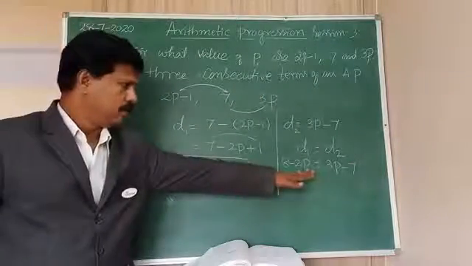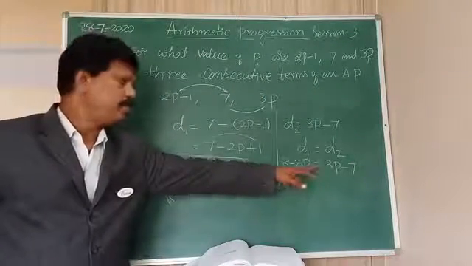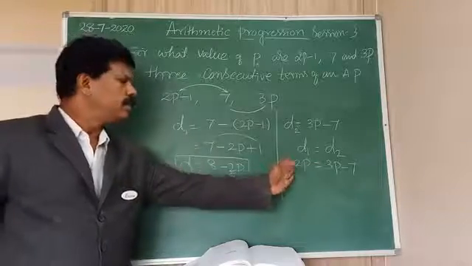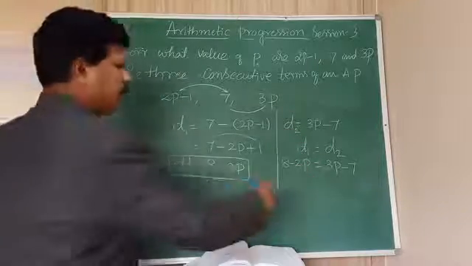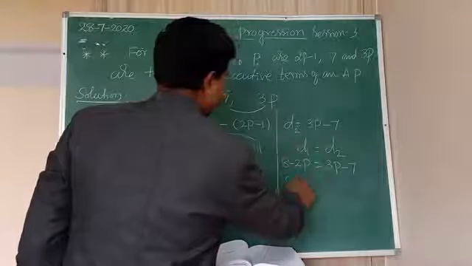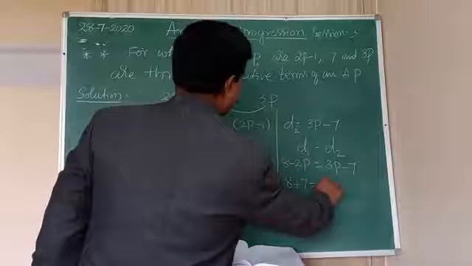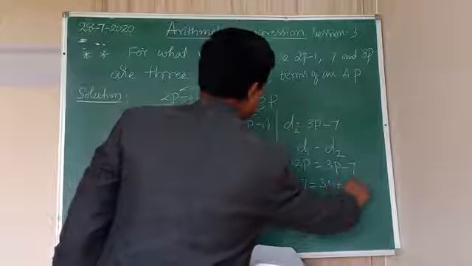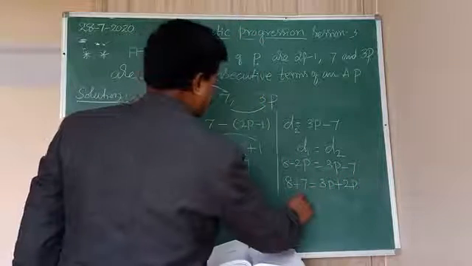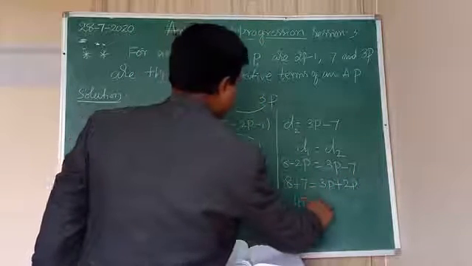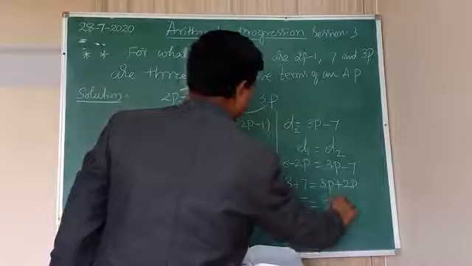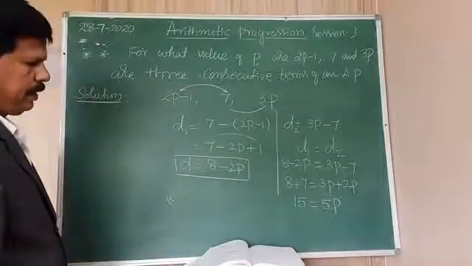Look at that. Which term is greater? 3p is greater than 2p. So shift this 2p to that side. So it becomes 8 plus 7 equals 3p plus 2p. Then 8 plus 7, 15, equals 3p plus 2p, which is 5p.